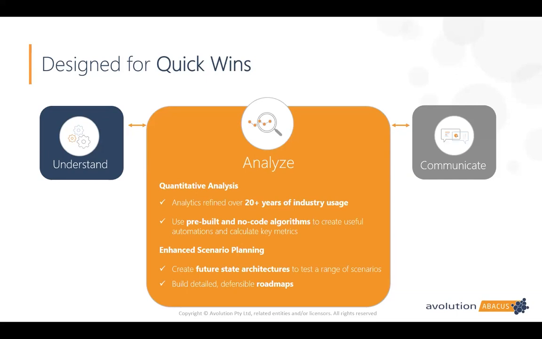Because with our no-code visual algorithm composer feature, you can create algorithms for analysis that aligns with your organization's reporting needs, such as department-specific KPIs and metrics, and then you can aggregate, split, and move that architecture information up, down, and across your entire enterprise.